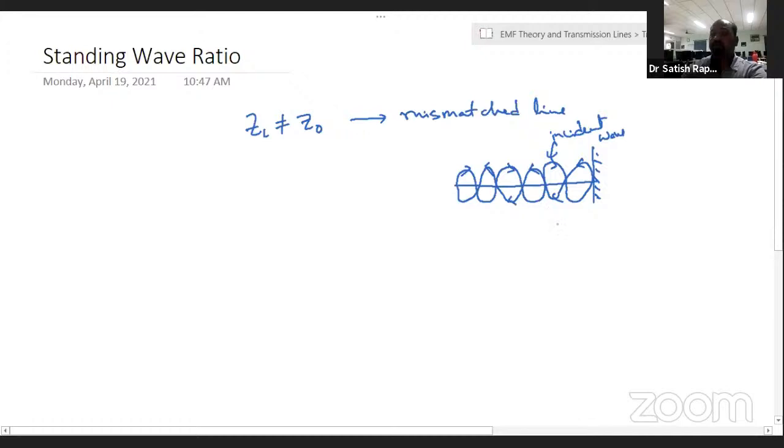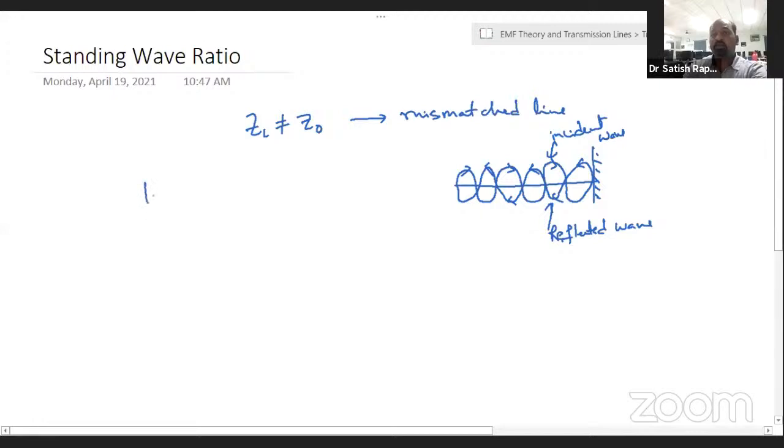The reflected wave combines with the incident wave and forms a standing wave. A standing wave is a wave that does not move or propagate.